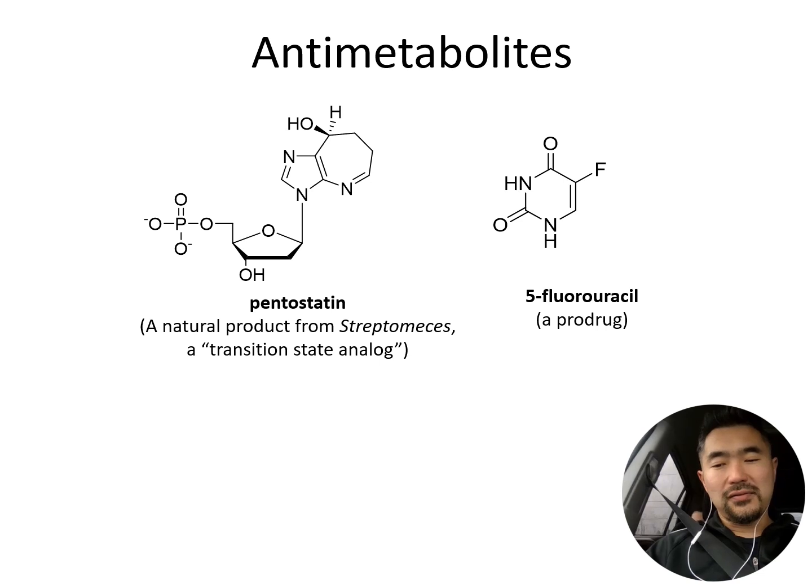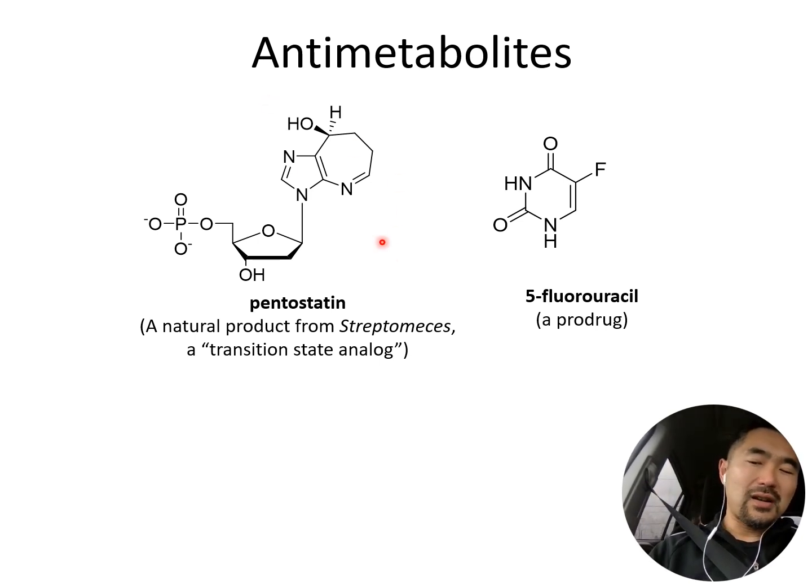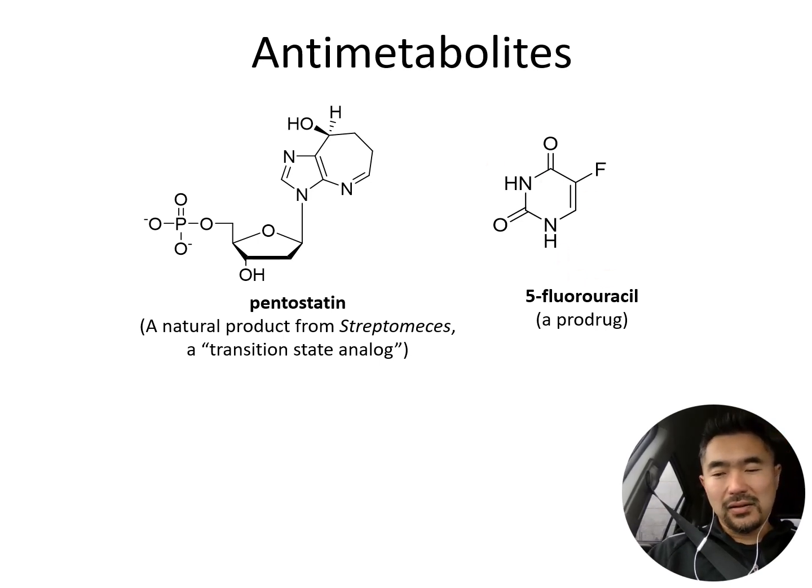Here's another class of anti-cancer drug, anti-metabolites, and both of these, maybe without me sharing what the mechanism of action is, you might be able to guess what that might entail, especially if you think about all the primary metabolite structures. What do these look like? Pentostatin looks exactly like a nucleotide or nucleoside, and fluorouracil obviously is mimicking a uracil or thymine type of nucleobase structure.